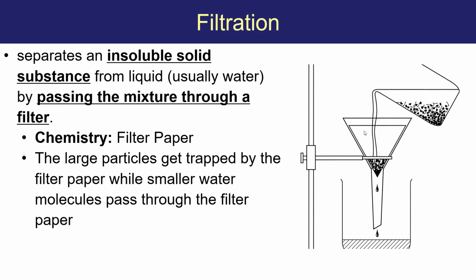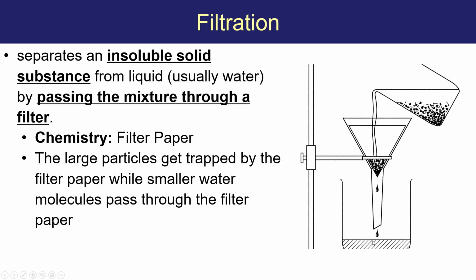The same can be true in a chemistry class. More often than not, we will use filters that are created using something called filter paper, and I'll talk about that in a second. When you have a mixture like this, the larger particles get trapped in the filter when you pour out your liquid components, and the stuff that can go through the filter paper comes out.